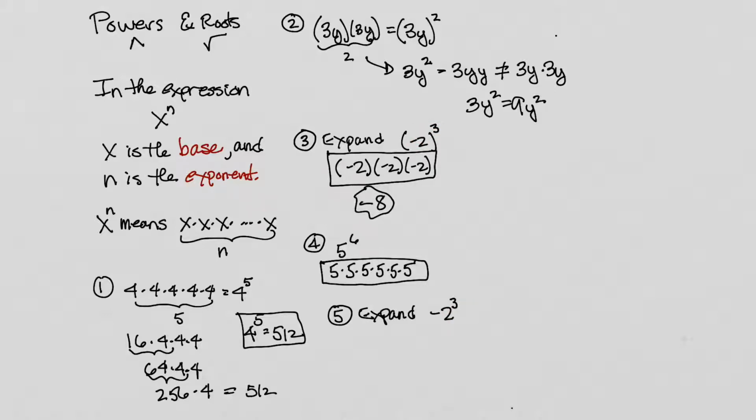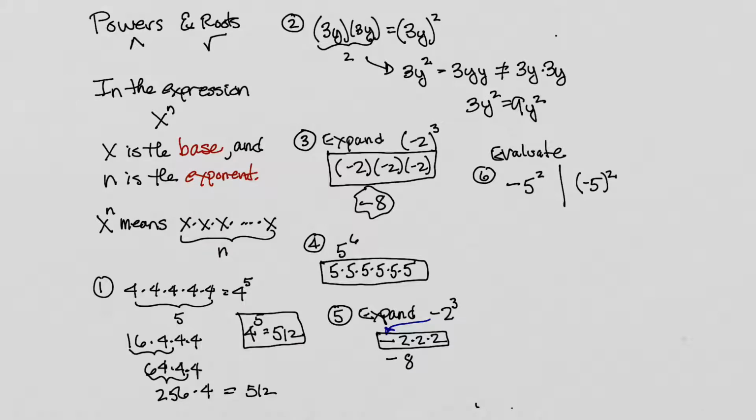So if we expand this, we're going to get negative, there's the negative right there, and then we've got the 2. So we're going to have 2 times 2 times 2, 3 times. So we're going to have negative 8 if we actually multiplied it out. But there's our expansion.